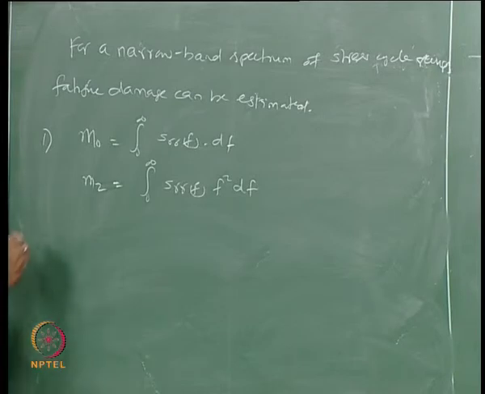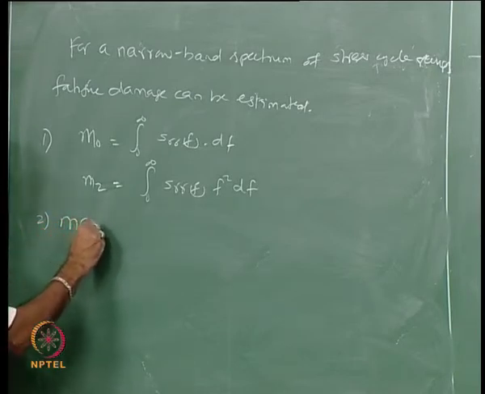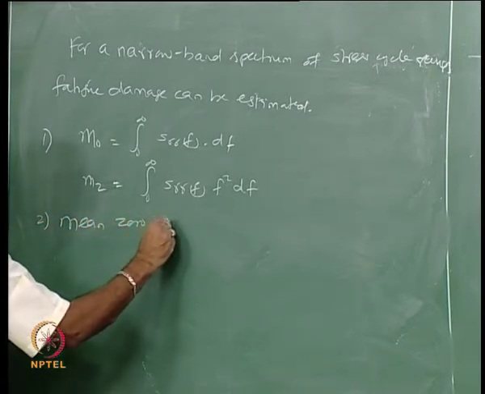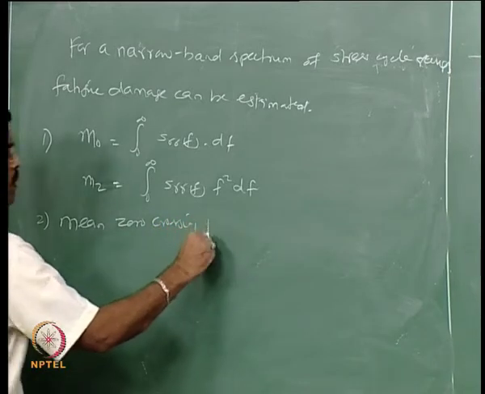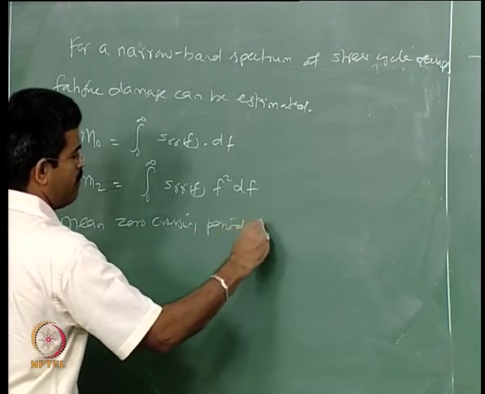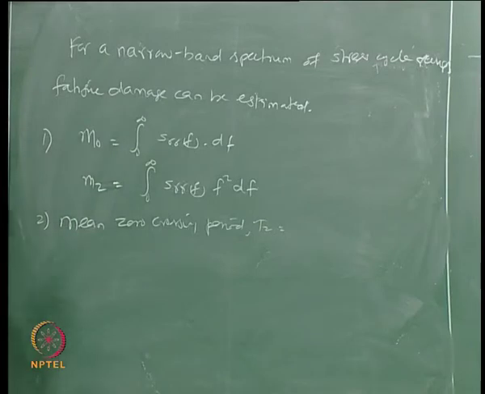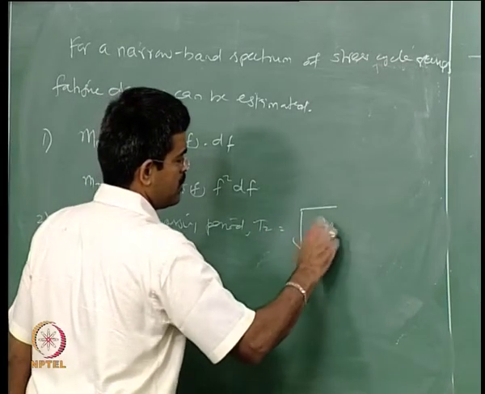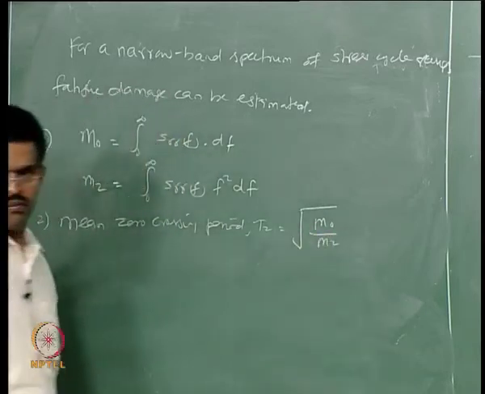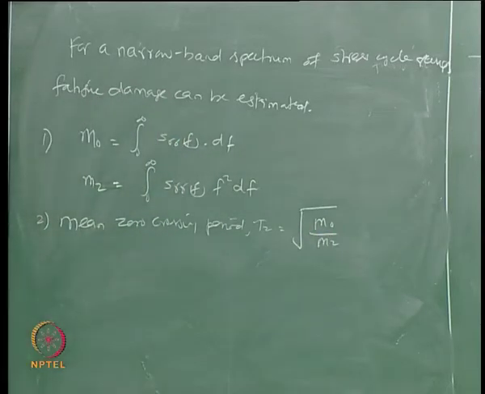Then find the mean zero crossing period, which is Tz, which is nothing but the square root of the ratio of m0 by m2. Is that okay? Is that right?